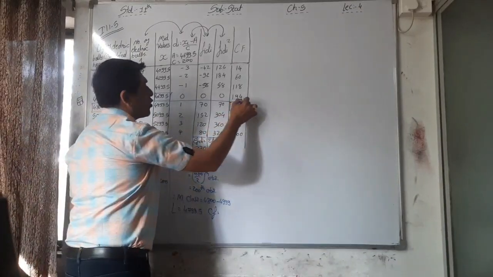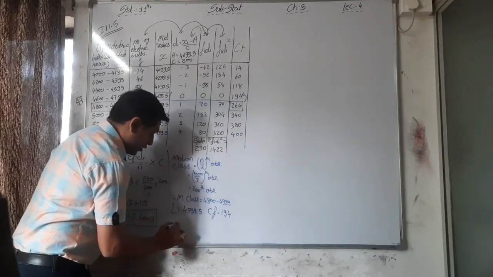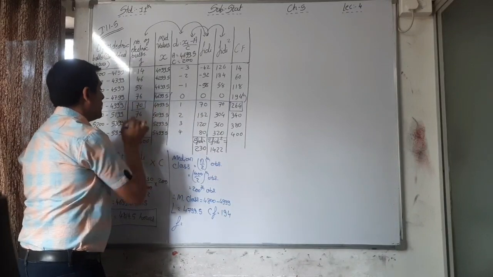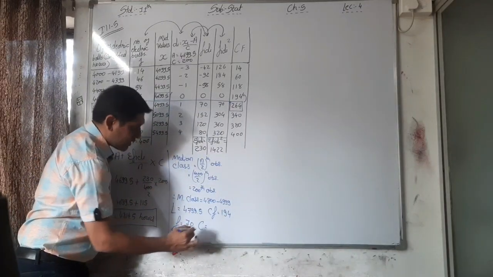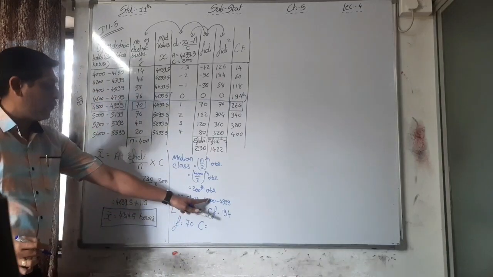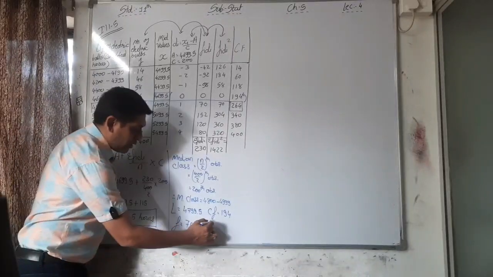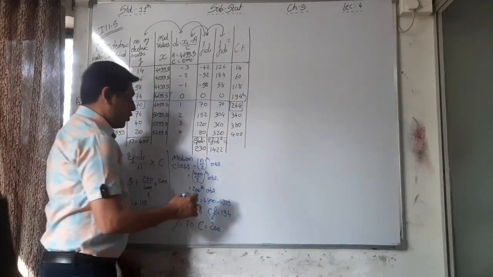Previous class cumulative frequency, 194. What is your F? Corresponding class frequency, that is 70. And what is your class length? See here, 4800 to 5000, that is 200 in each and every class.